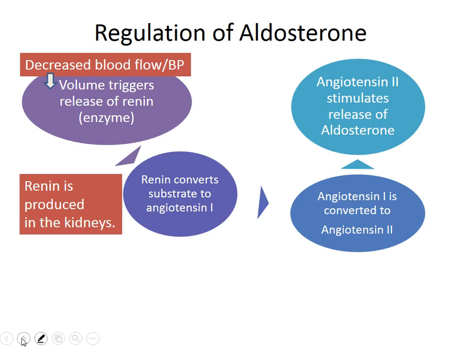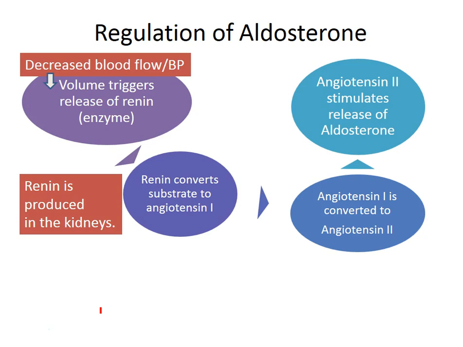The regulation of aldosterone: basically, when there's a decreased blood flow or blood pressure, the volume actually triggers the release of renin, which is an enzyme, and that's when the renin converts the substrate to angiotensin-1, and then that angiotensin-1 converts to angiotensin-2, and then the angiotensin-2 stimulates the release of aldosterone.